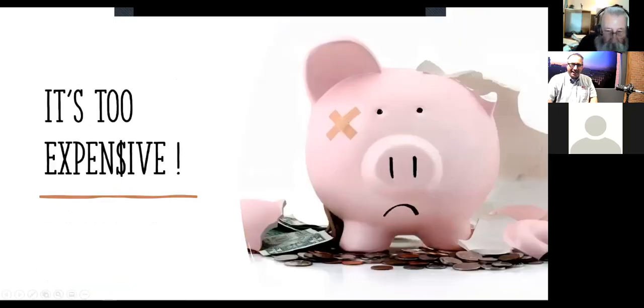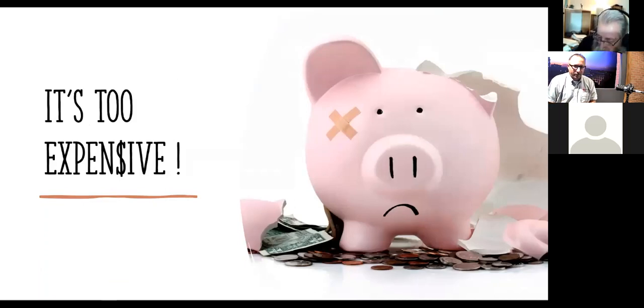So, how many times have we heard this, either from a contractor or the owner of the project? It's just too expensive. I can't afford it. Whether that's the writing of SWP, and that would be the cheaper part of it, or the installation.